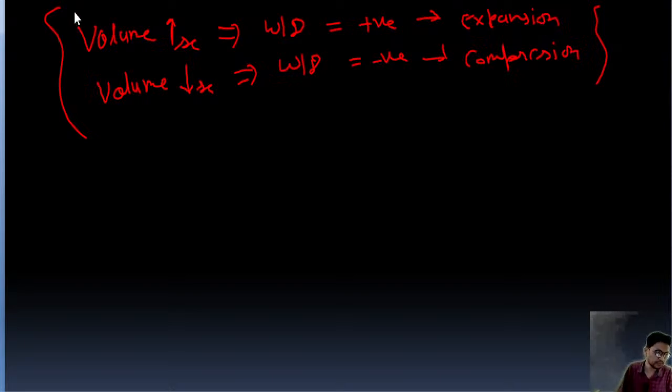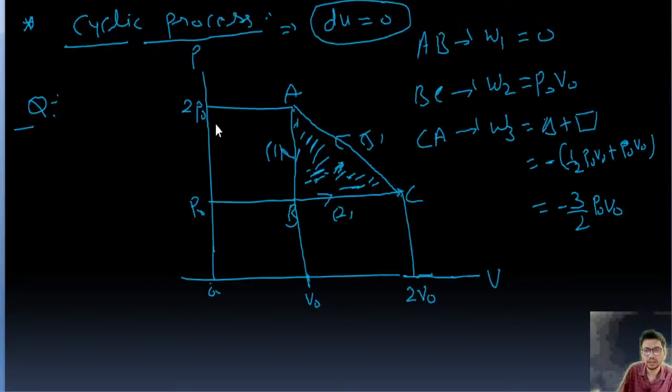Well guys, so now we'll find the total work done. This is W1, W2, W3, right? But it's a cyclic process, so the total work done W is going to be W1 plus W2 plus W3.